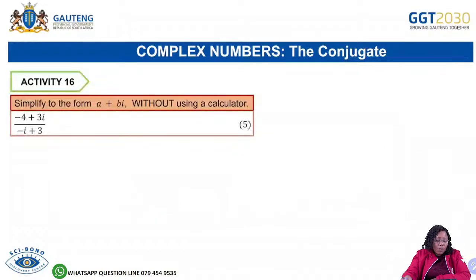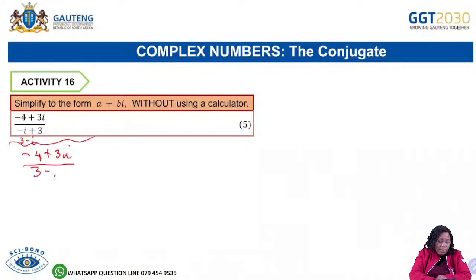Now let's apply the conjugate. Simplify to the form a plus bi without using a calculator. Can you see that you have 3 minus i here? This is the same as 3 minus i on the denominator. So we are going to take this minus 4 plus 3i and write this over 3 minus i here so that you don't get confused.